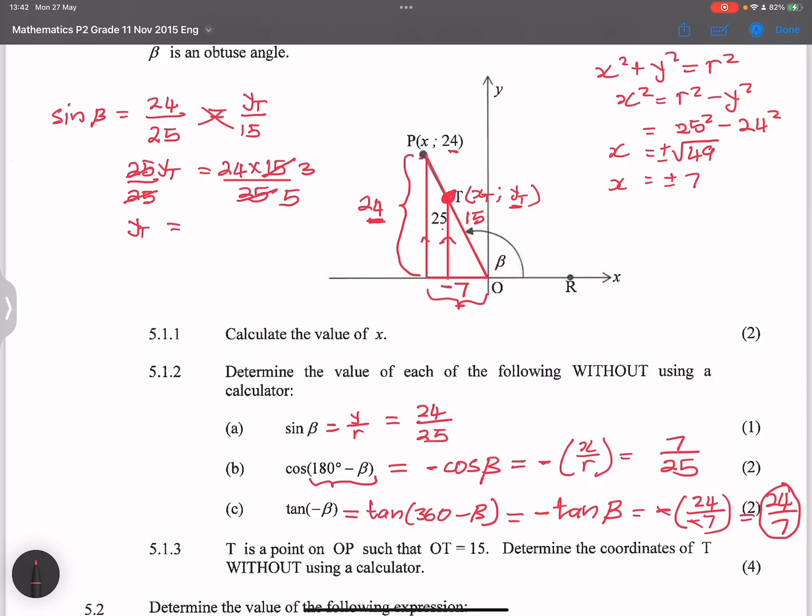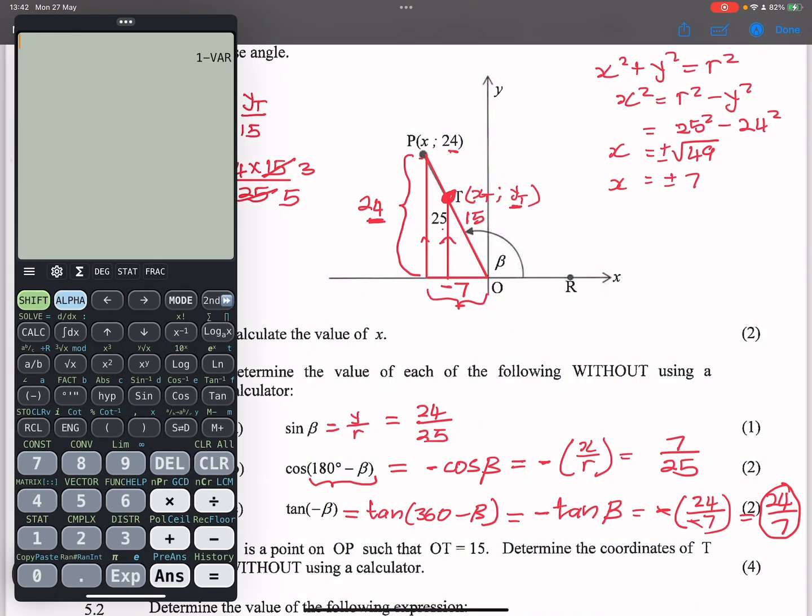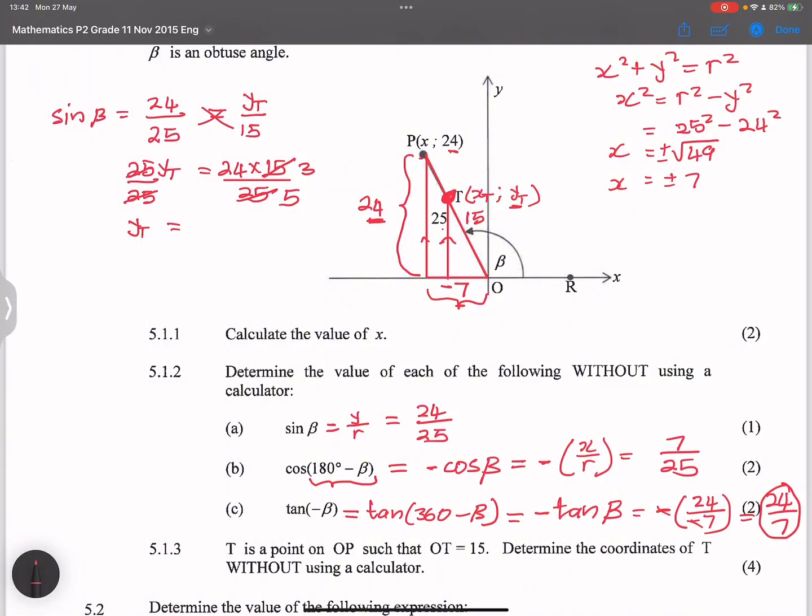So this is going to be 24 times 3 over 5. Yes, they did say without the use of a calculator. Times 3 over 5, but this is just me being lazy. So that's going to be 72 over 5.